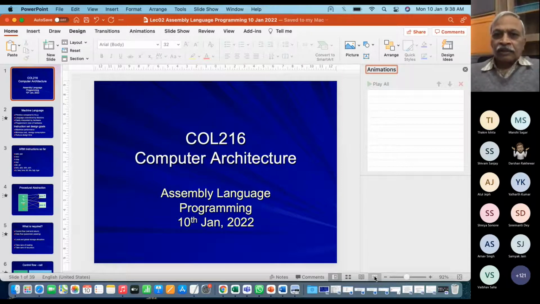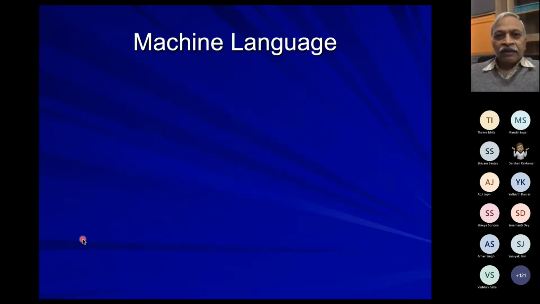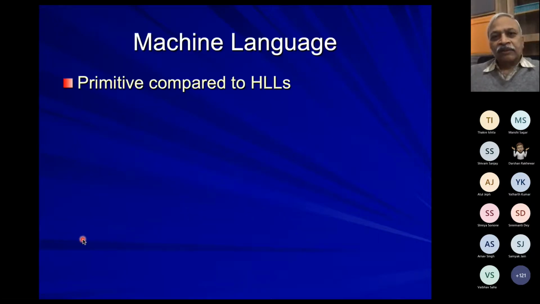Okay, we'll start with a description of assembly language programming. I had introduced some instructions in the previous lecture, and we'll build over that to discuss how assembly language programming is done. We talked about machine language. This is something which is primitive as compared to high-level languages like C, Java, and C++.